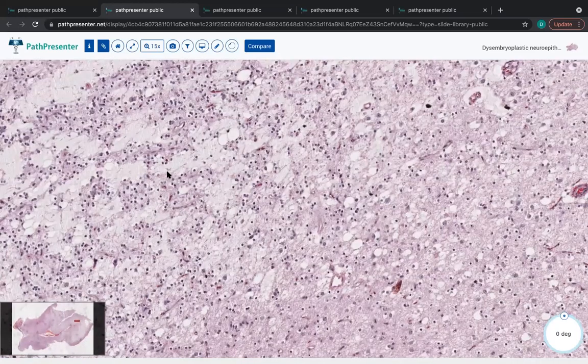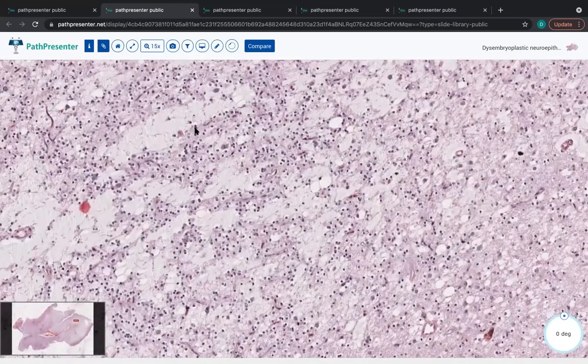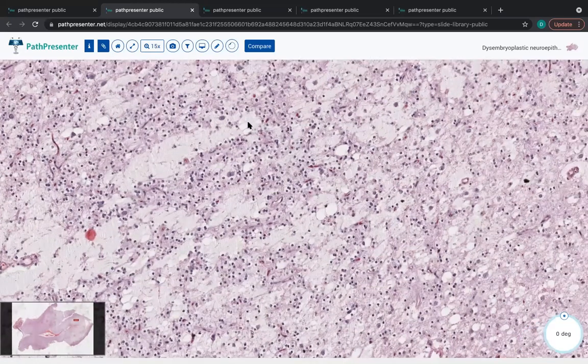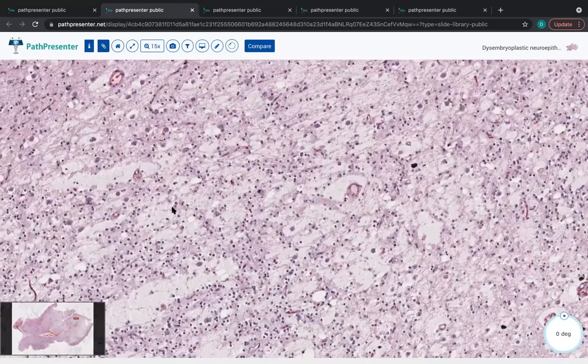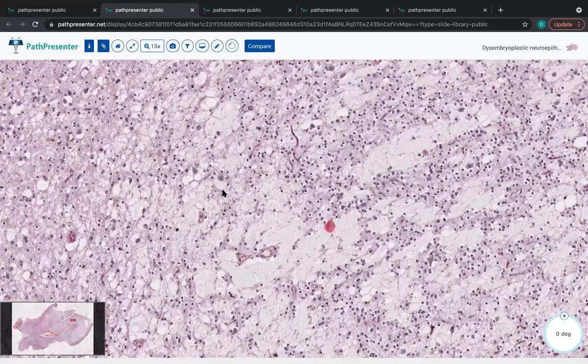If one is doing glial markers, all of these neurons in the background will be negative. They will instead express mature neuronal markers if one is including that in the panel. But otherwise, that's a pretty classic appearance for this type of tumor.